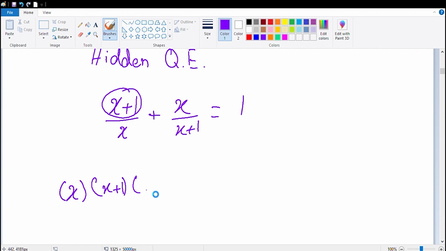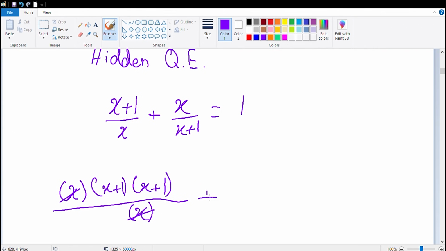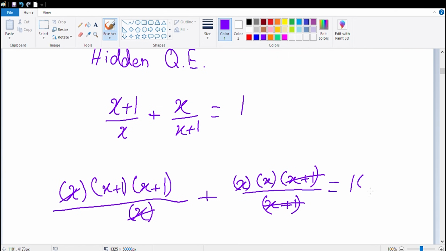So x plus 1 divided by x, these two cut out, plus x into x plus 1 divided by x plus 1, these two cut out, and we get is equal to 1 into x plus 1.